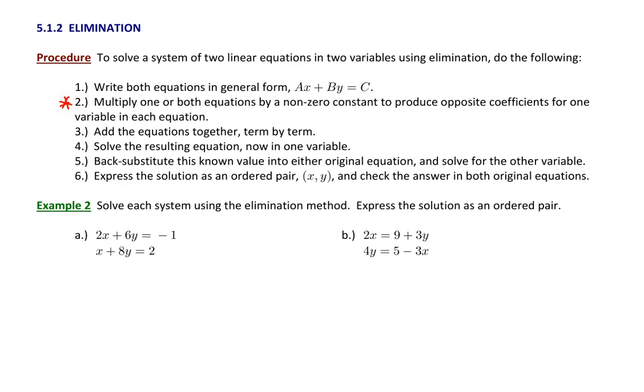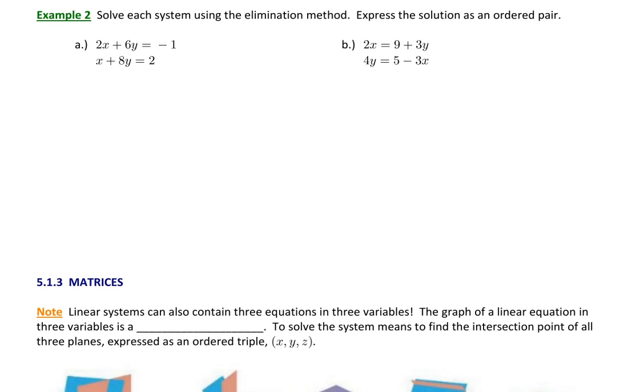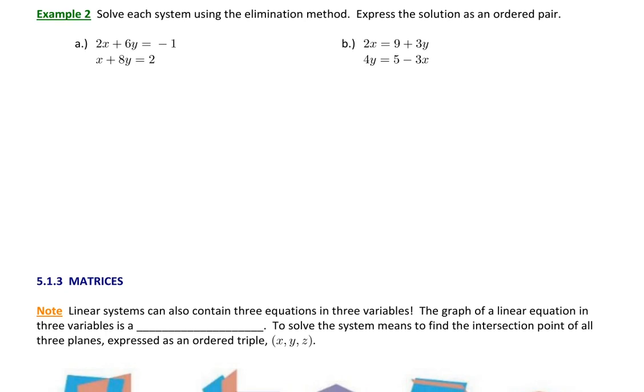And then number 5, once I have half the ordered pair, I'm going to back substitute this known value into either original equation and solve for the other variable. And finally, we'll express the solution as an ordered pair (x, y), and as always, check the answer in both original equations. So let's give elimination a try on example 2.